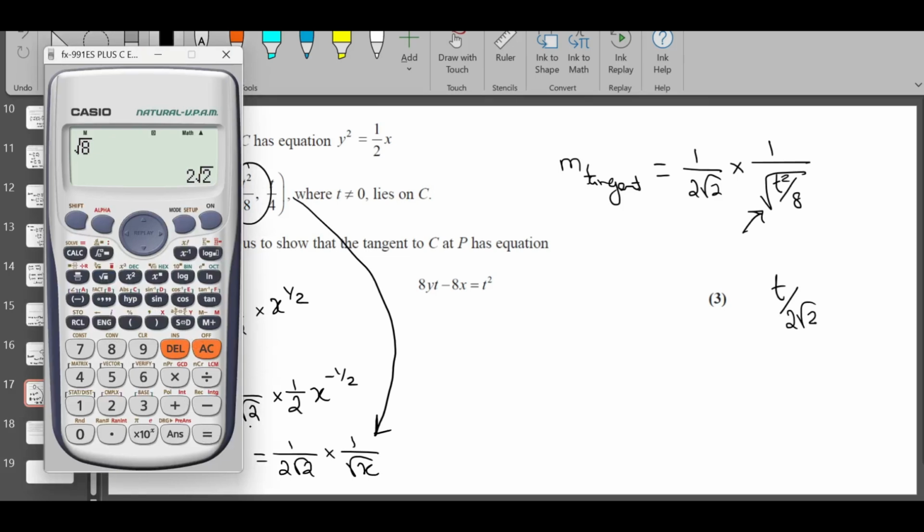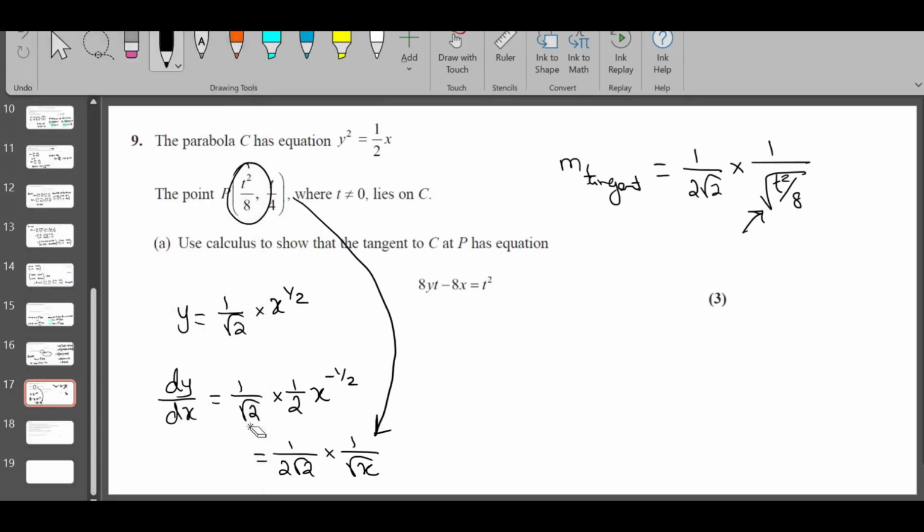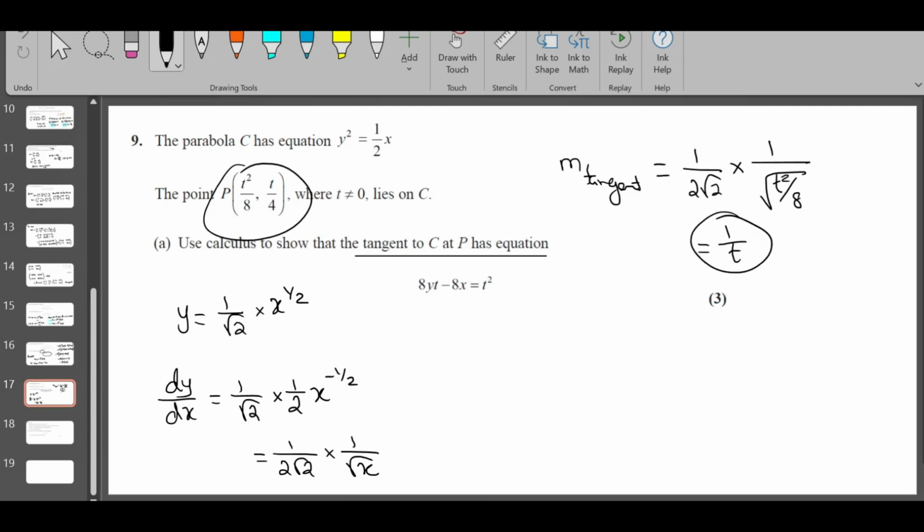So the 2 root 2 can be cancelled, and you will just get 1 over t. That's the slope of the tangent, and we are finding the equation of the tangent. So use the same slope and this point as x1, y1. So the equation is y minus y1 is equal to slope times x minus x1.